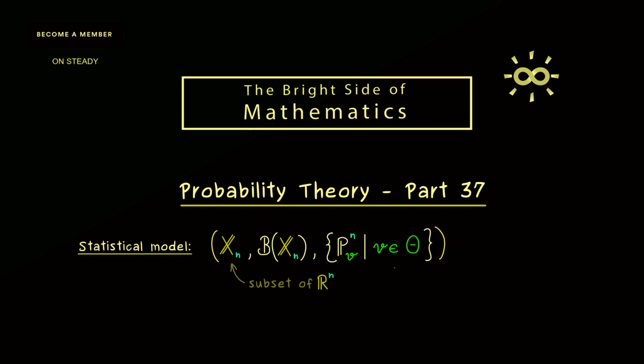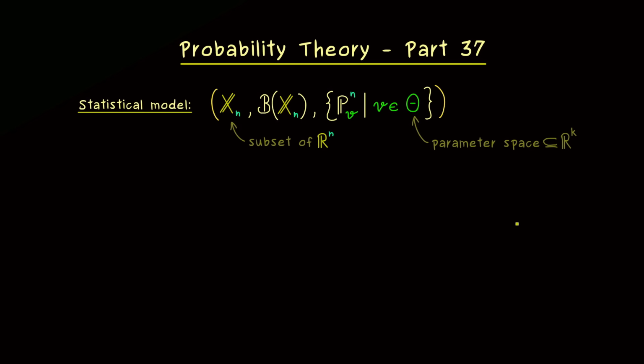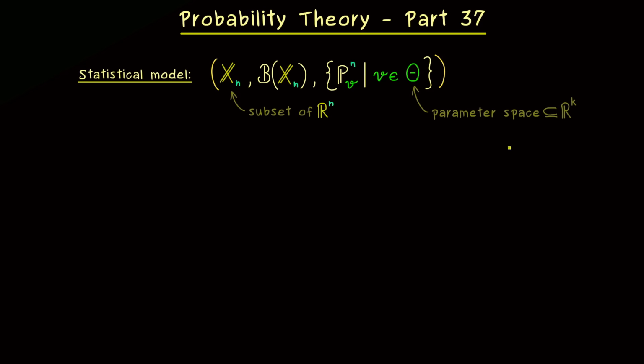However, the important thing here is that we have a parameter theta that goes through a whole parameter space capital Theta. And usually it's sufficient to consider a tuple of real parameters here, which means the parameter space is a subset of Rk. And indeed, this means that in the case that k is not equal to 1, we have to redefine what we mean by a point estimator.